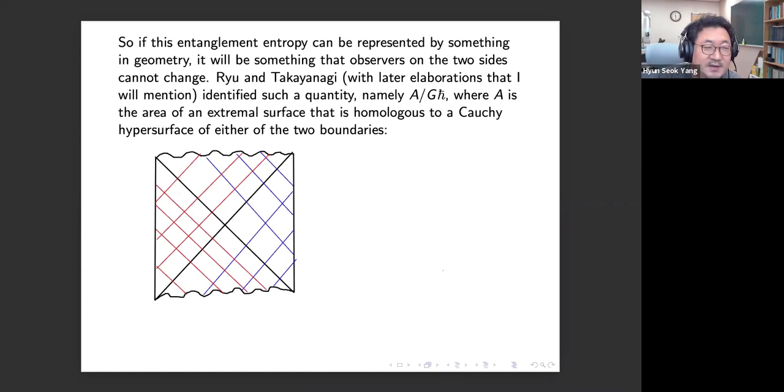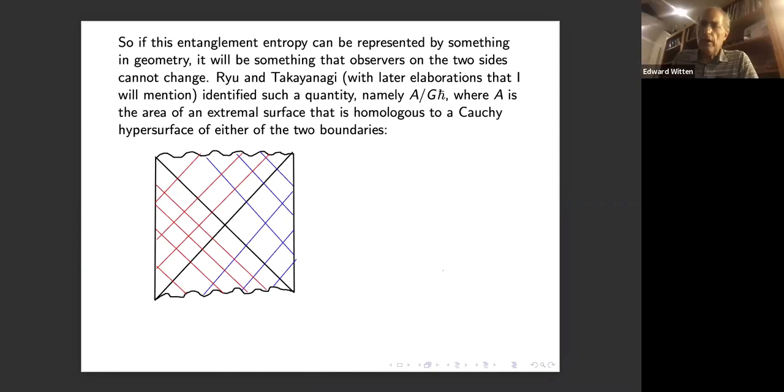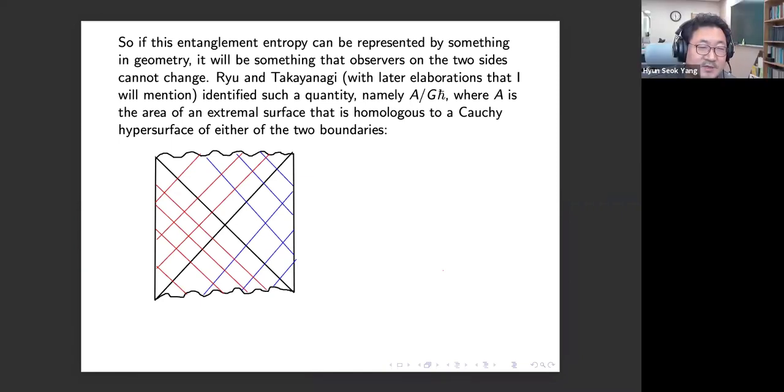Then what is the meaning of entanglement for such a system?